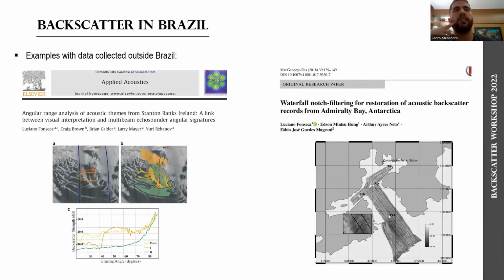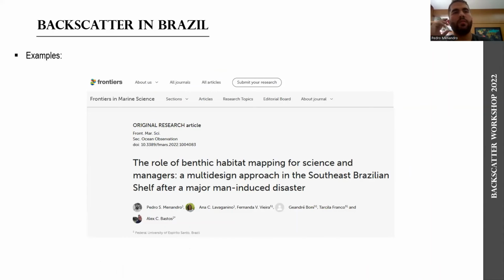Other examples with data collected outside of Brazil are the works with Professor Luciano Fonseca on angular range analysis, some works with data collected in Antarctica, and more recently this paper, an important piece of work for our group.